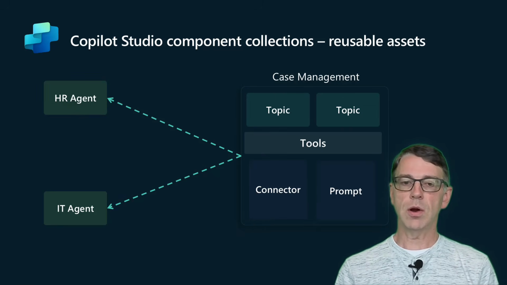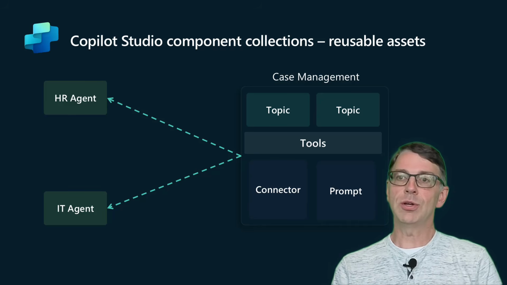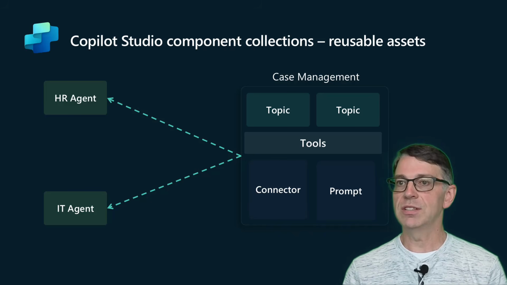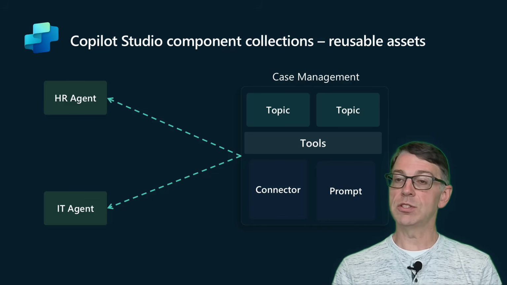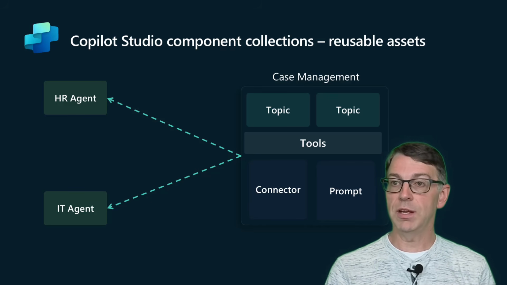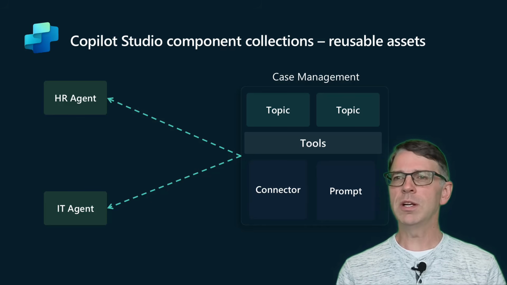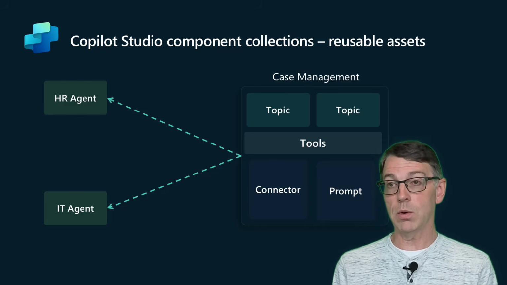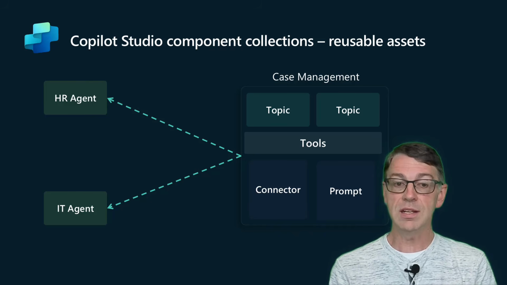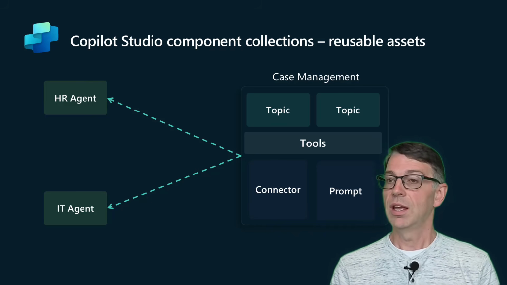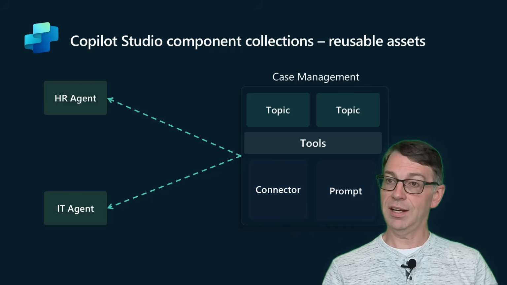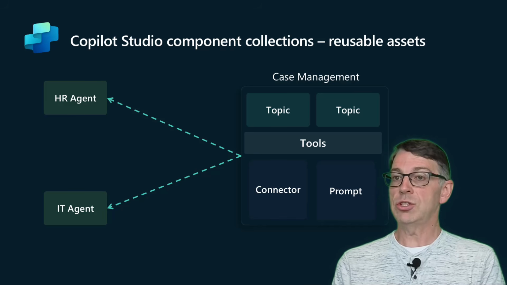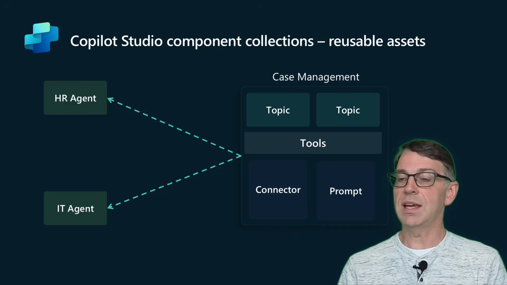Let's first start with what if we built this collection of information, these component collections, and I made one that I wanted to use for case management as an example. I want to make that case management capability available to my organization so that they can use it in multiple agents. Imagine I have an HR agent and an IT agent, and I want a shared component that is case management.